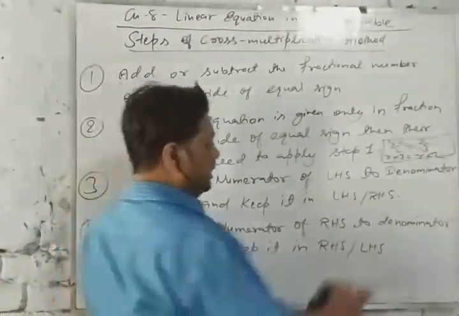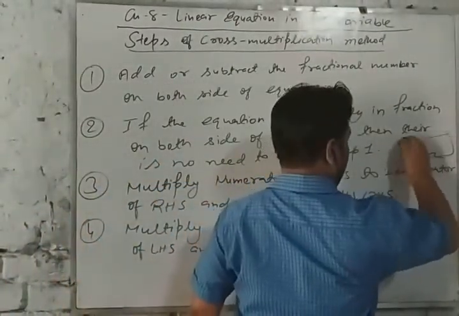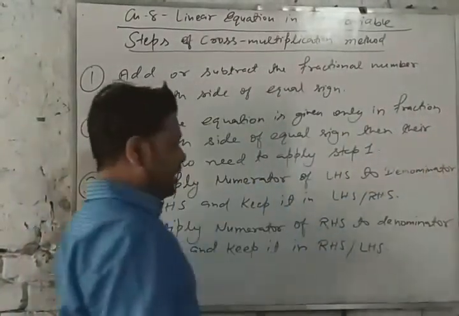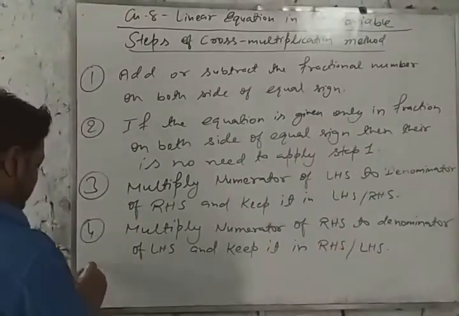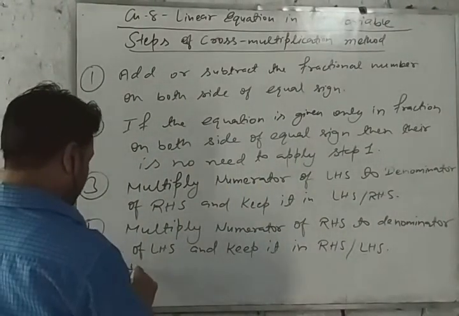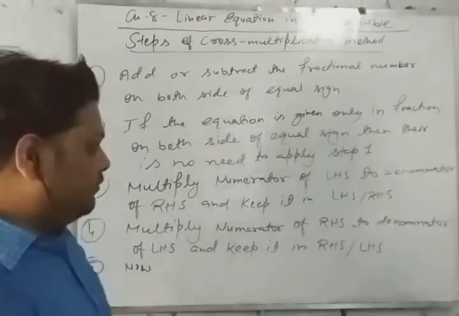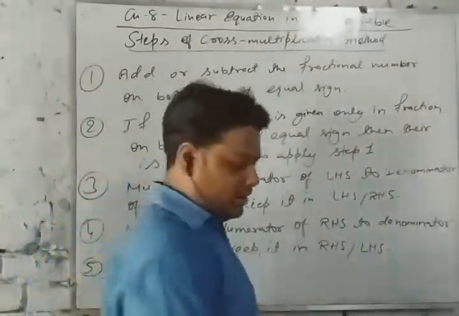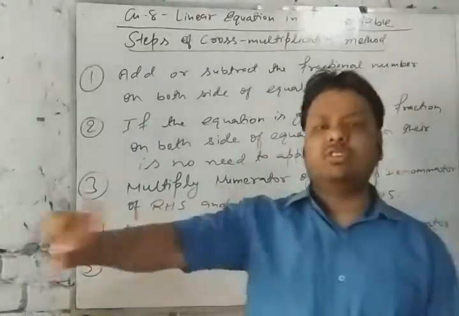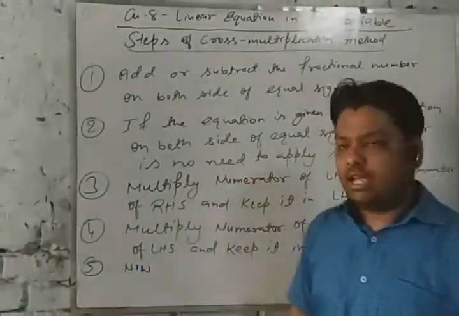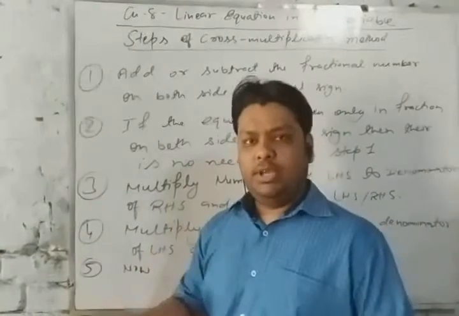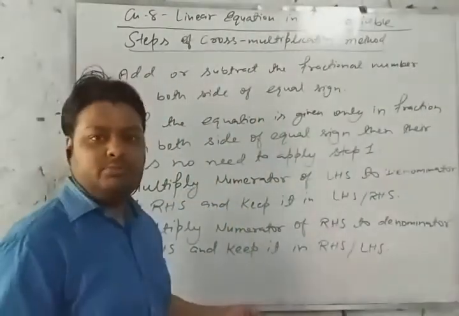Okay, so these are the 4 steps. After multiplying the numerators of LHS and RHS to the denominators on both sides, we will get a linear equation. We will not get the answer in fraction, so after that we can apply the transposition method.